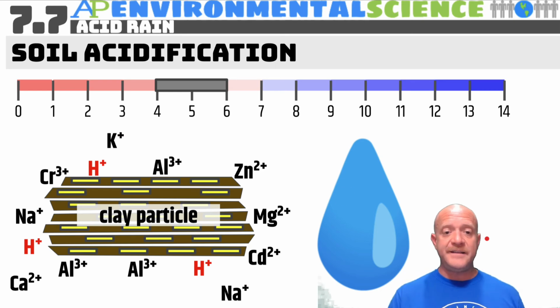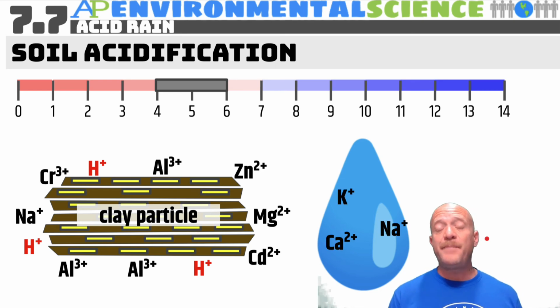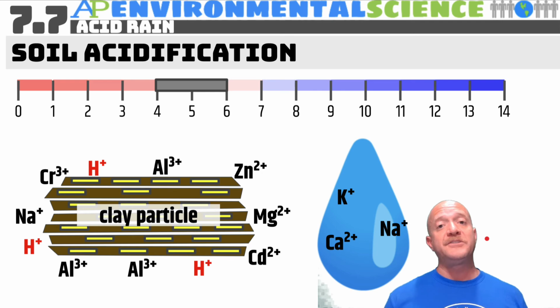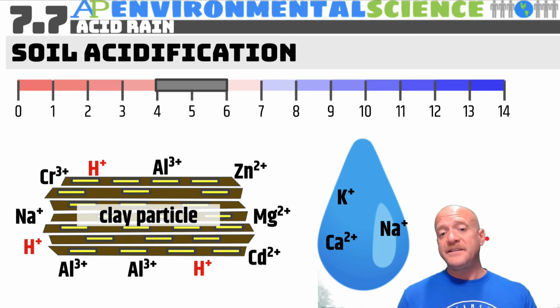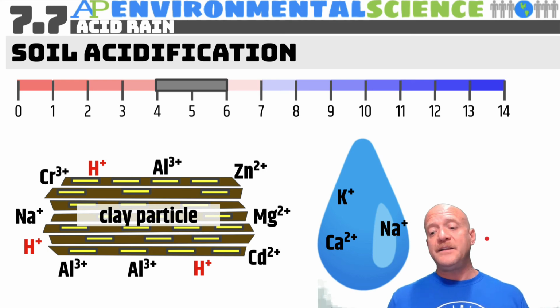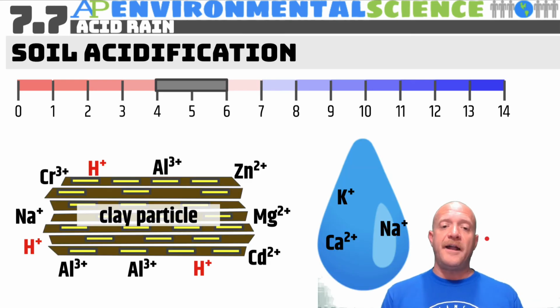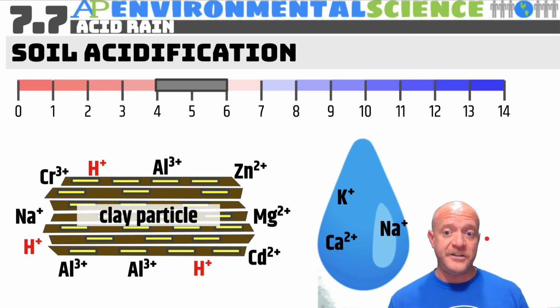It can push these cations, these beneficial nutrients, out of the clay particle, which means they are found in the water, which can easily run off and enter a larger body of water where it can contribute to eutrophication. So soil acidification is a problem because nutrients are not able to be held strongly by the soil or the clay particles, which are negatively charged.